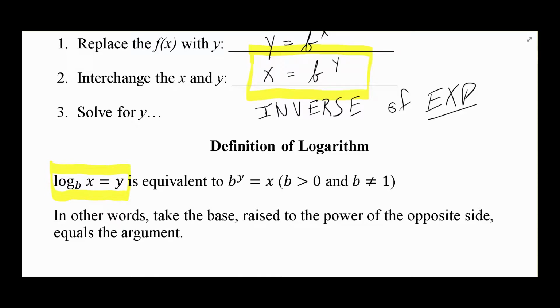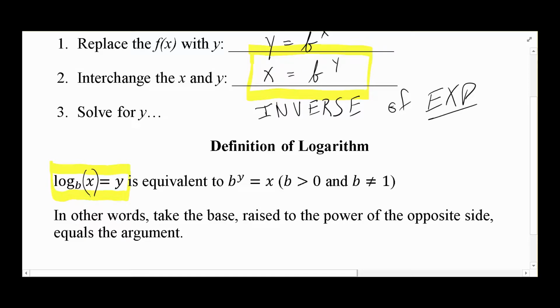Again, log base b of x. I want to point out that x is what you're plugging into the logarithm function. The base of b is a little bit lower than the letters log there. That's really important that we understand what's being written and what this is.